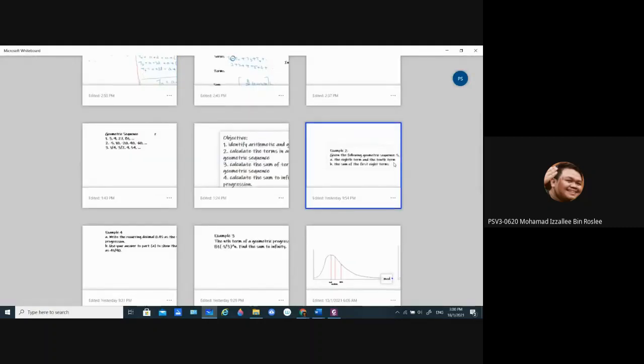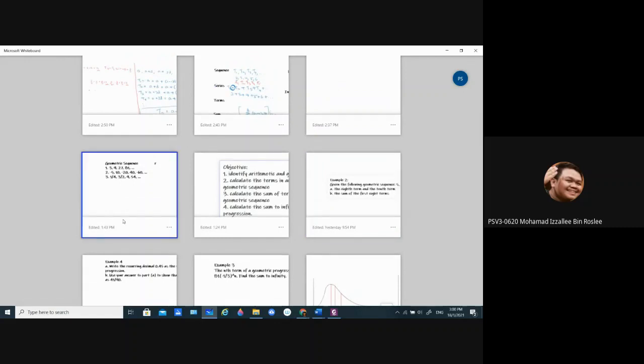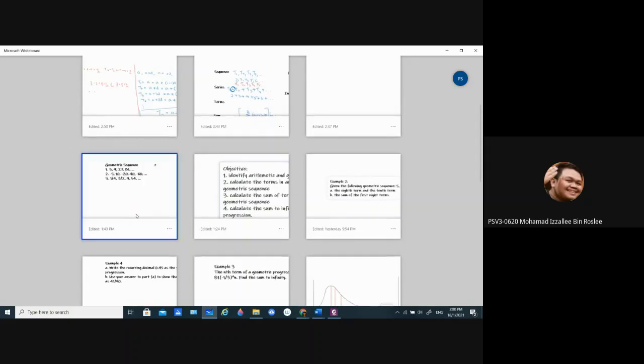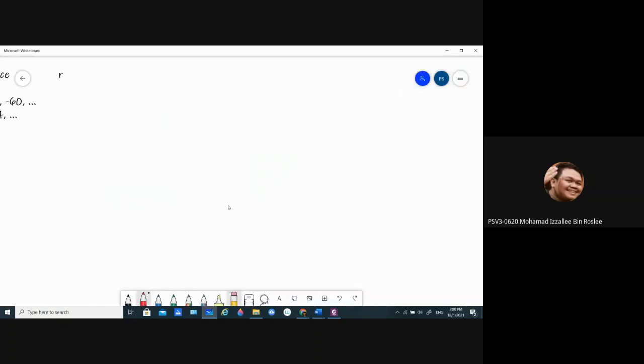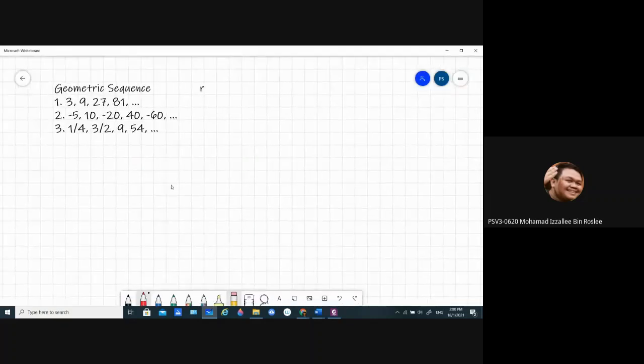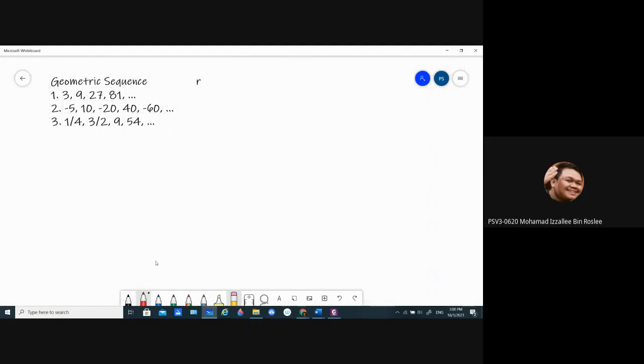So now I'm going on to geometric sequence. An example of a geometric sequence is given like this: A, AR, AR squared, AR cubed, and so on.